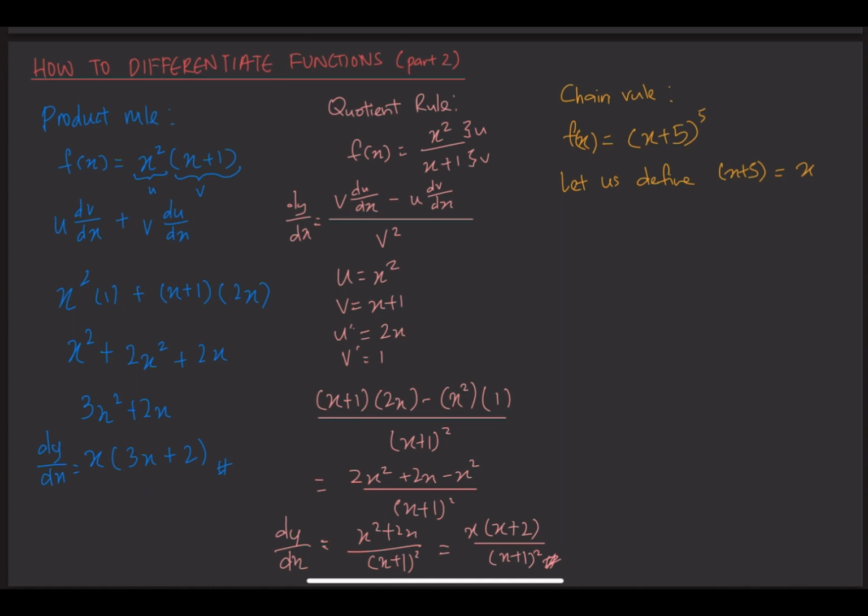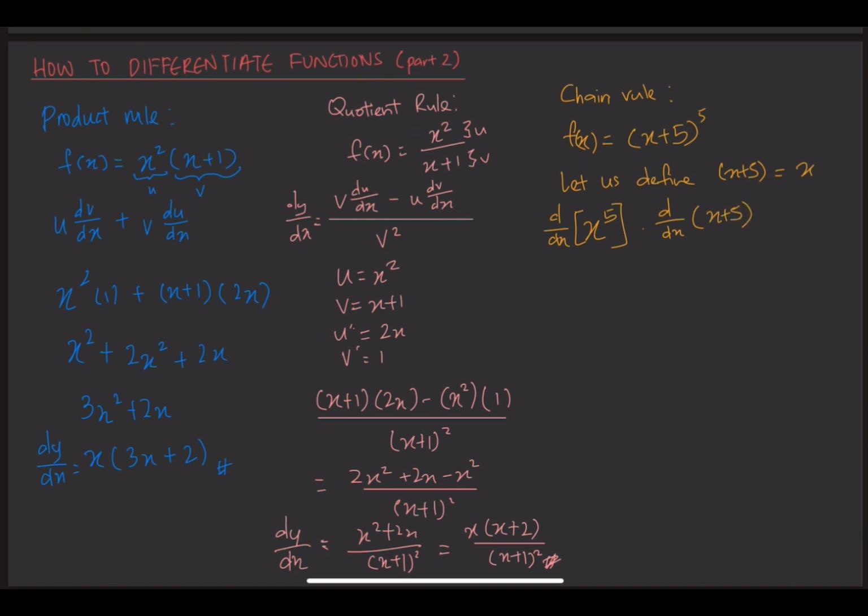Then what we have to do is take the outer part of the function, u to the power of 5, and differentiate this part. Then after that, we multiply by the derivative of the inner part, x plus 5.